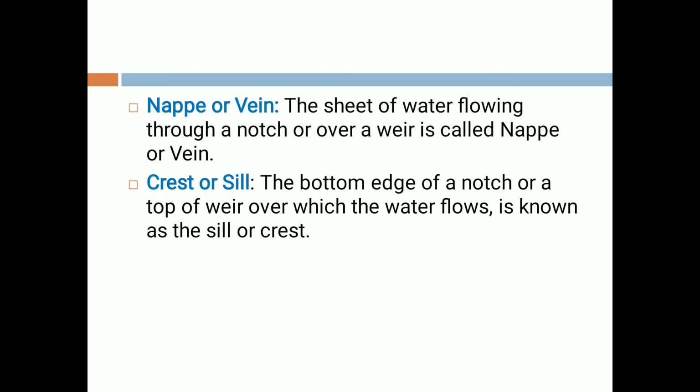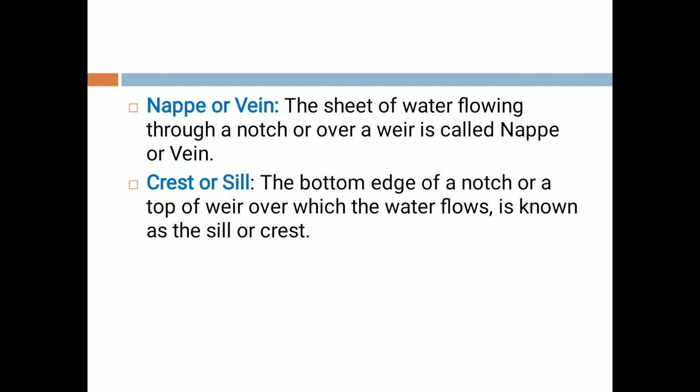Then nappe: the sheet of water flowing through a notch or over a weir is called the nappe or vein.